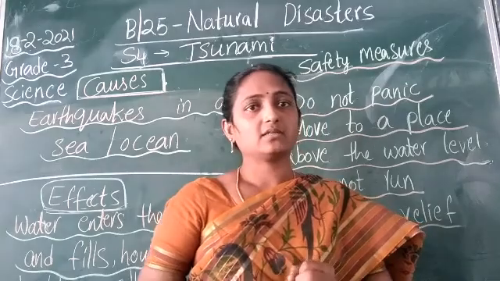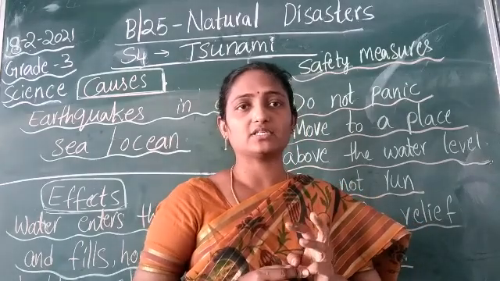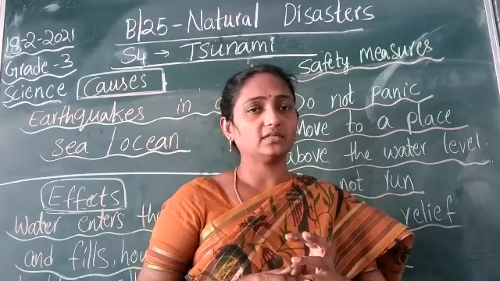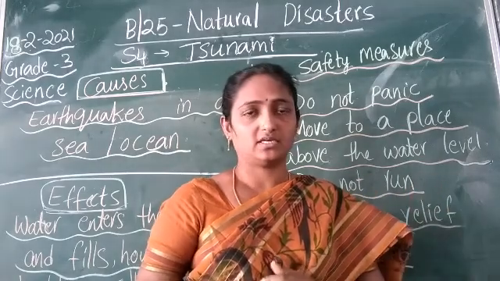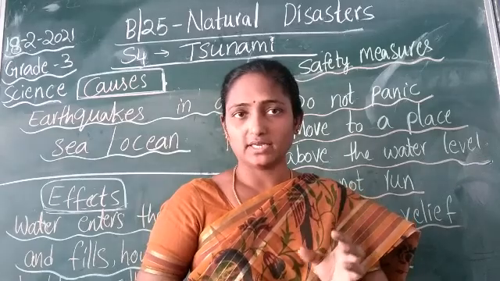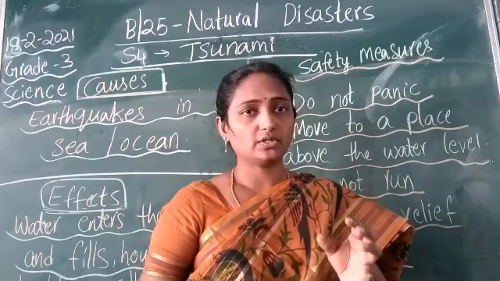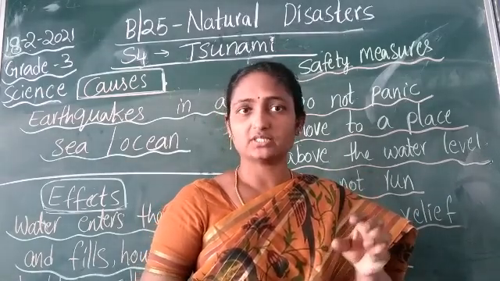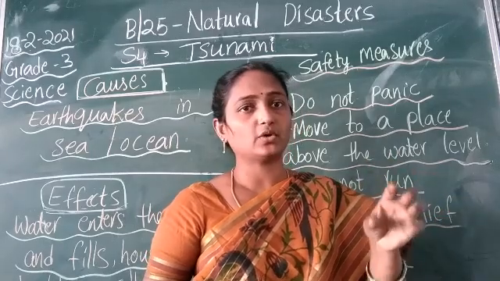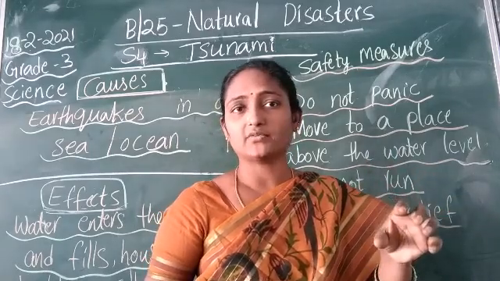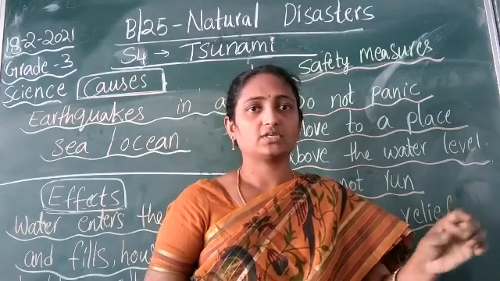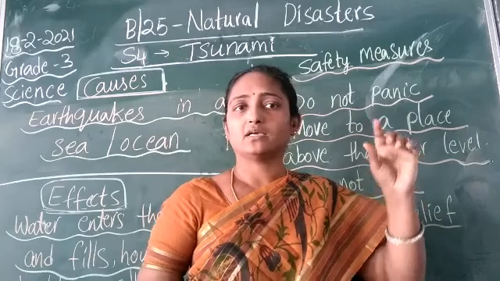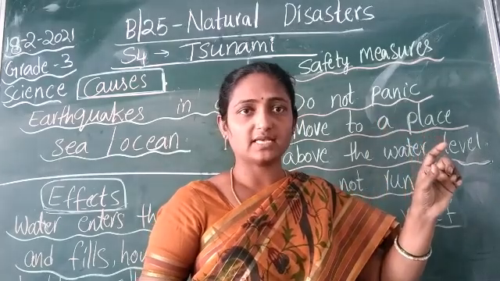Nowadays we are seeing that many natural disasters are occurring. So collect the information and the pictures, stick the pictures, and write what we have learned in our class: causes, effects and safety measures. So write the name of that natural disaster.